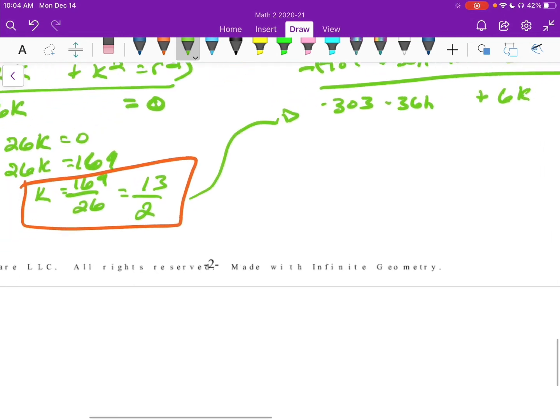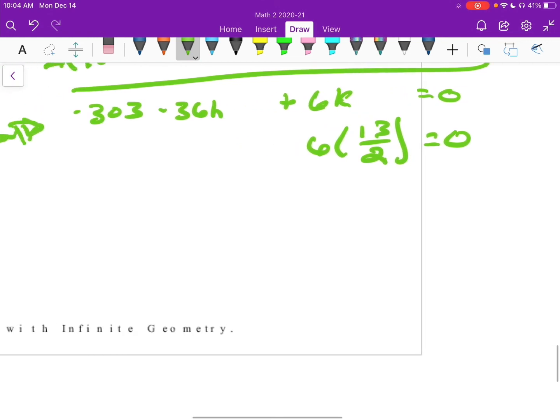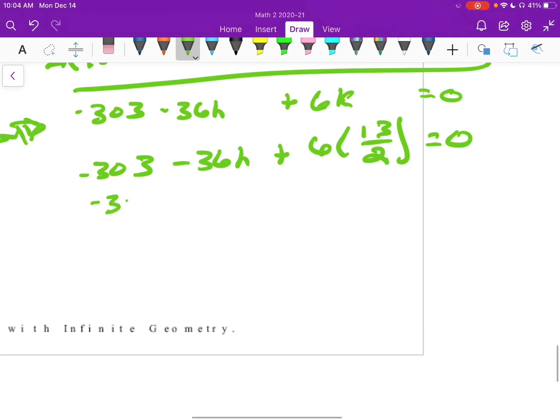Now I'm going to plug in my k. K is 13 halves, so I'm going to have 6 times 13 halves. Negative 303 minus 36h plus, so 6 times 13 divided by 2 gives me 39. So it's going to be negative 303 minus 36h plus 39 equals 0. I'll add my constants to the right side.